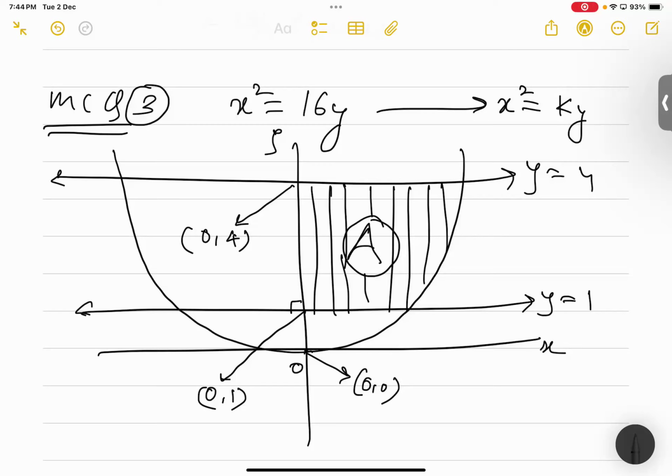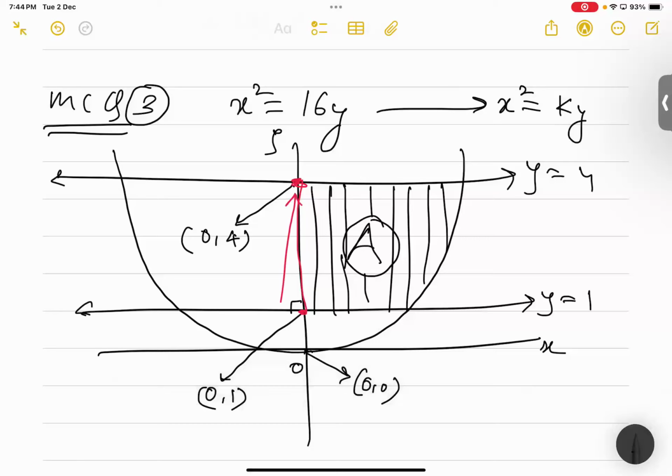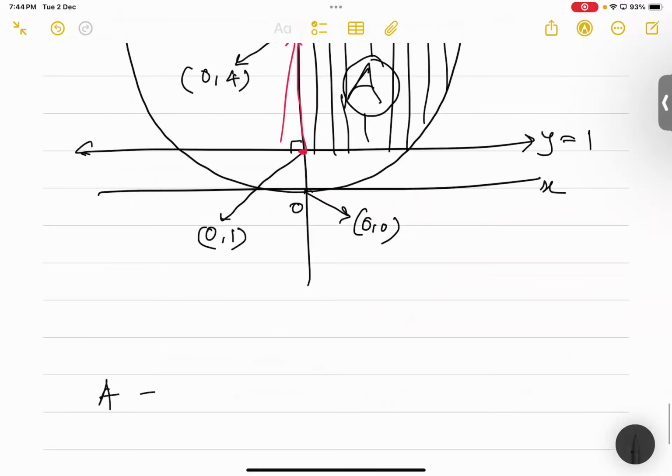Why are you saying that we are moving along y-axis? Because lines are given now, y equal to 1, y equal to 4. Till now, what were the lines? X equal to something, x equal to something, right? So now we are moving from this point to this point vertically, that is along y-axis. Correct? So now which formula will come? Y is equal to A, y is equal to B.